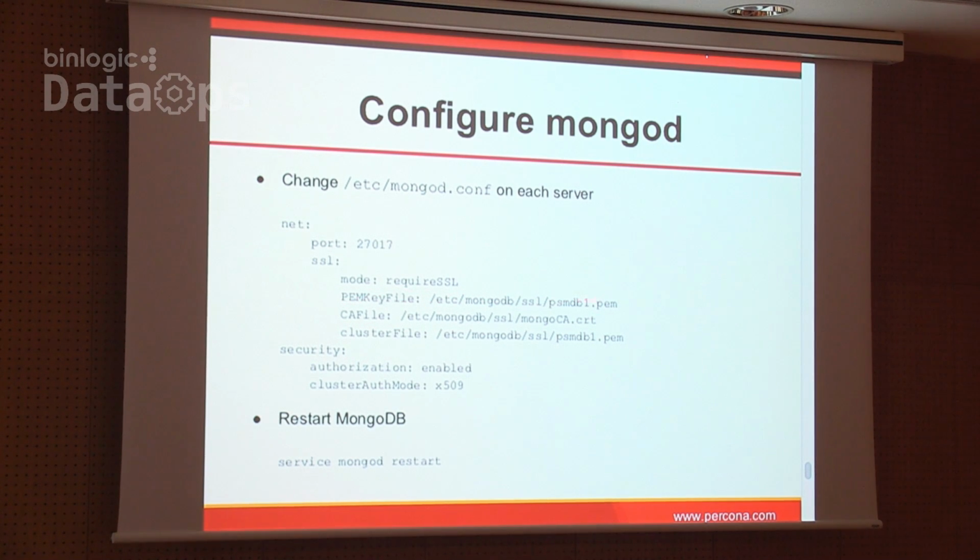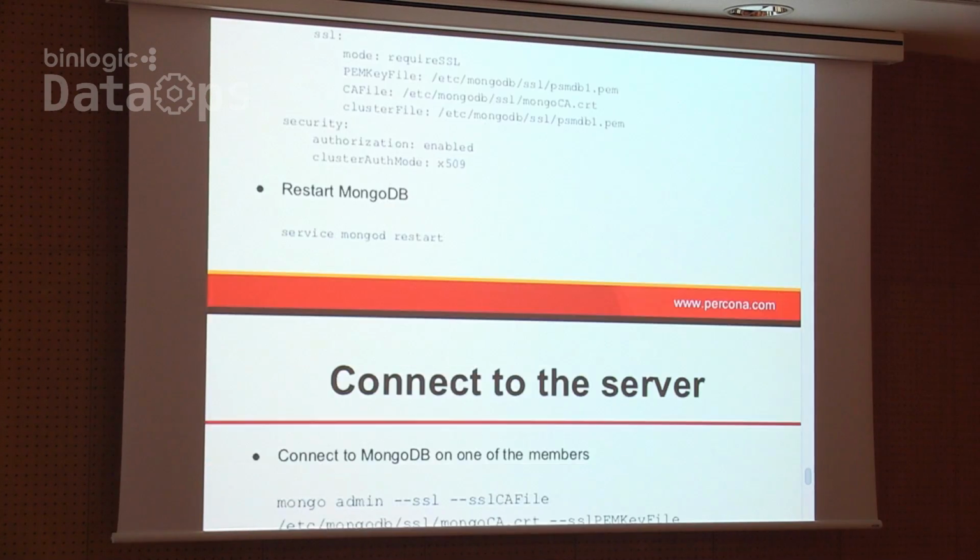So I need to specify the certificates for the node, and also the certificate for our certification authority. And also I need to add something more. So time is over. I have just few seconds. So I need just to put another configuration inside the security section. I need to put cluster auth mode as x509. Restart MongoDB, and that's all.